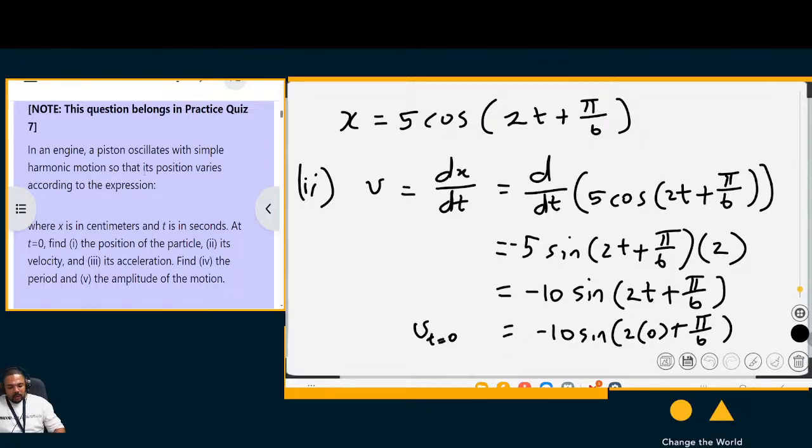The velocity when time is naught is equal to negative 5 centimeters per second.